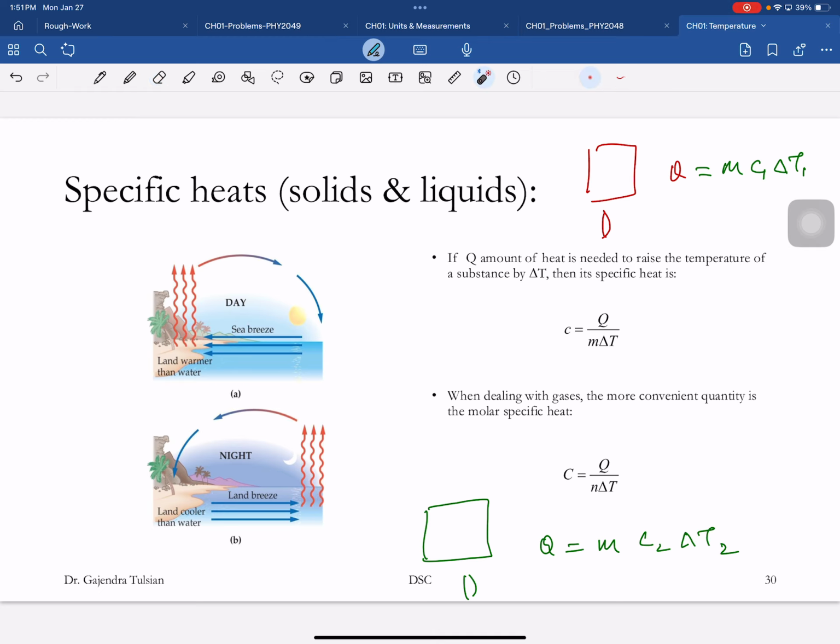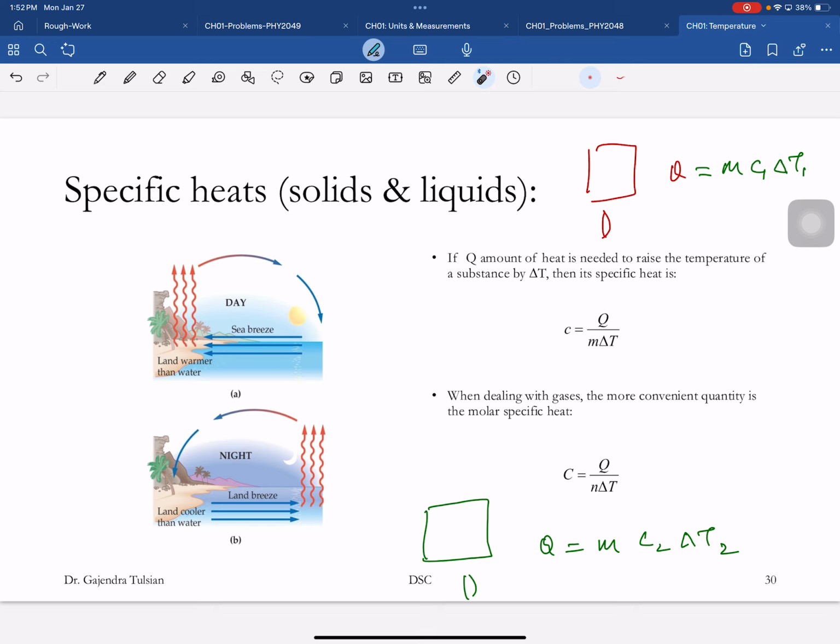You add the same amount of heat to two different substances of the same mass, and what you find is their temperature rise will be different. And that's because their specific heats are different. What the specific heat tells you is how much heat you need to warm 1 kg of the substance by 1 degree Celsius.